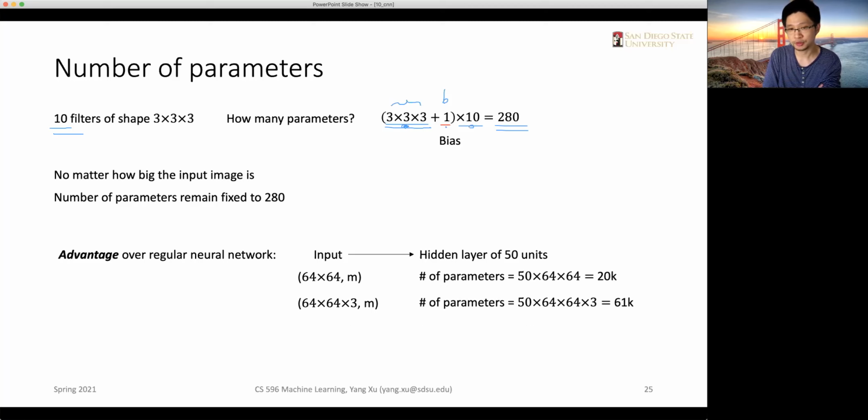So that's a huge advantage. Hopefully that gives you some idea of the difference between a ConvNet and a regular neural network.